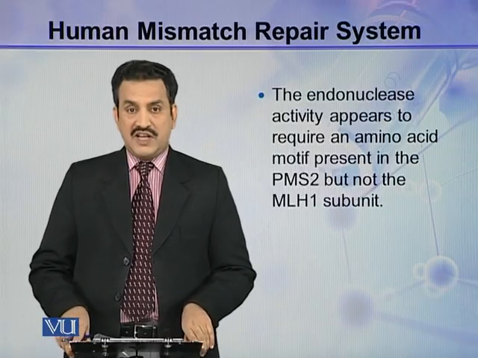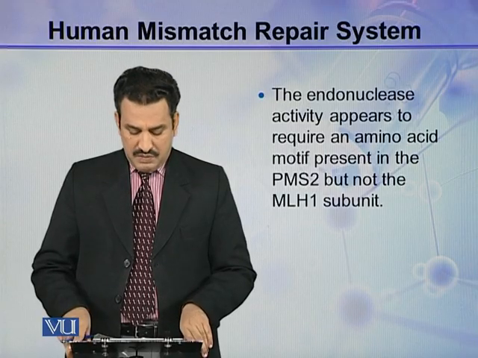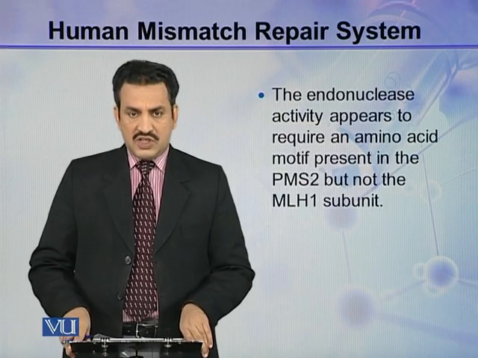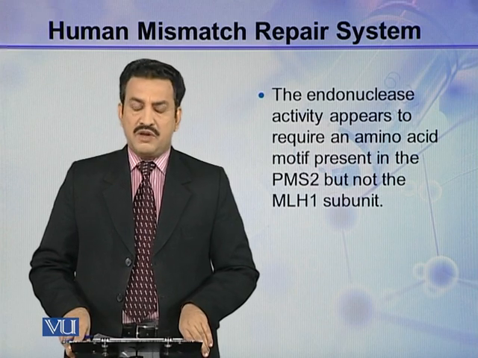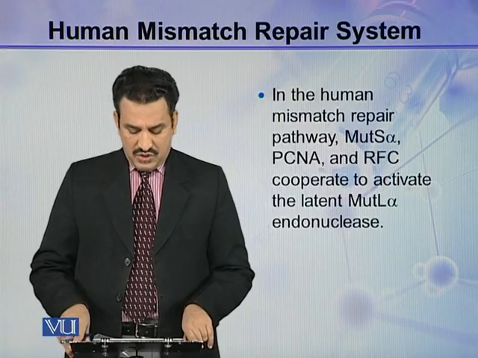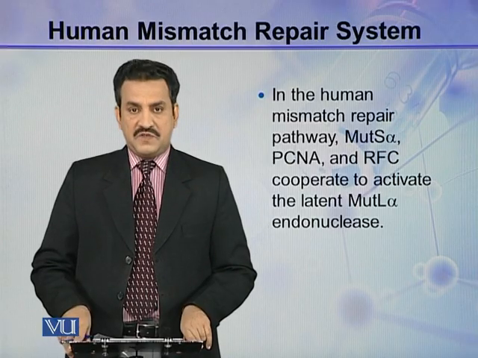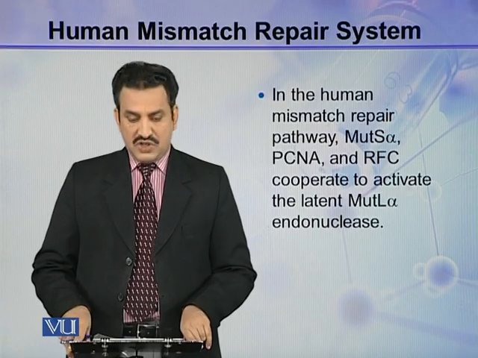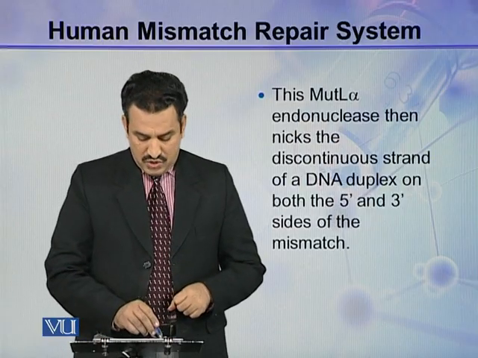The endonuclease activity appears to require an amino acid motif present in the PMS2, but not the MLH1 subunit. So it doesn't require the MLH1 subunit, rather it requires an amino acid motif. In the human mismatch repair pathway, MutS alpha, PCNA, and RFC cooperate to activate the MutL alpha endonuclease, which was a latent endonuclease.